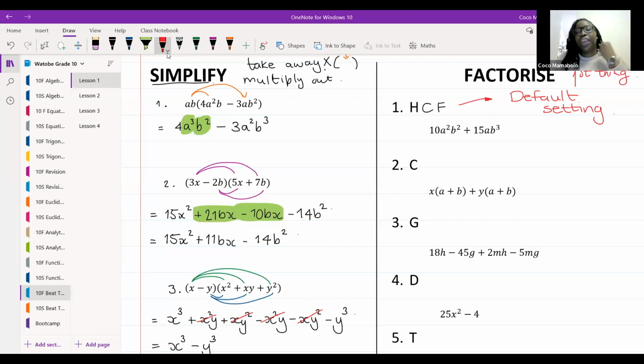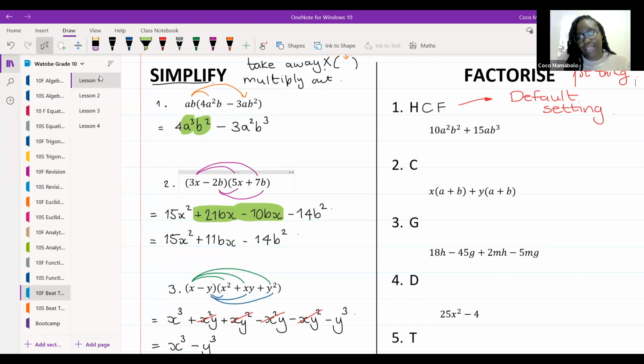So whenever the instruction says factorize, the first thing we're going to do is look for the default setting. Okay. All right. So whenever we see a question, we first check to see if there's a highest common factor. I'm going to ask you guys again, what is our default setting?